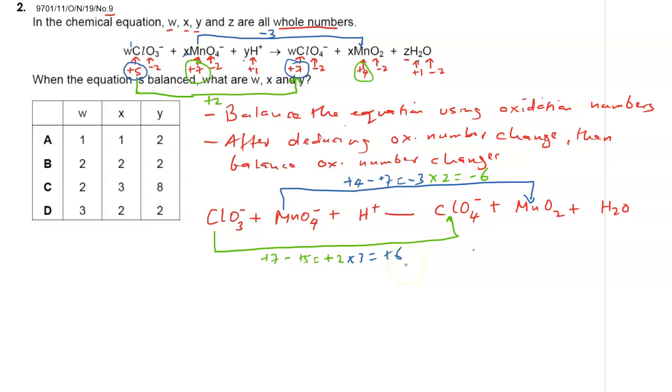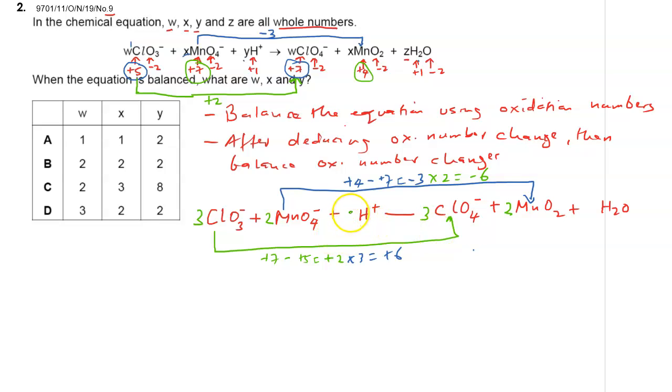When the charges are balanced, now you can balance the equation by multiplying the chloride ion here by 3, and manganese here you need to multiply by 2. Therefore, this is also 3 and this is 2. Of course, for hydrogen, you can see we have 2 atoms of hydrogen here and we only have 1 here.